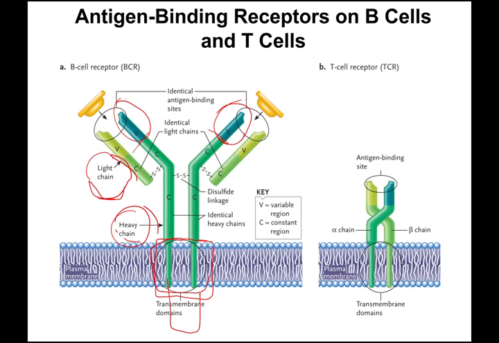They both have also a constant region, and they have a variable region here at the end. Now, it is the variable region here which is different from B cell to B cell. And this is the one that makes this receptor specific for a certain molecule. So this will recognize, let's say, a specific part of a molecule coming from a coronavirus, for example.